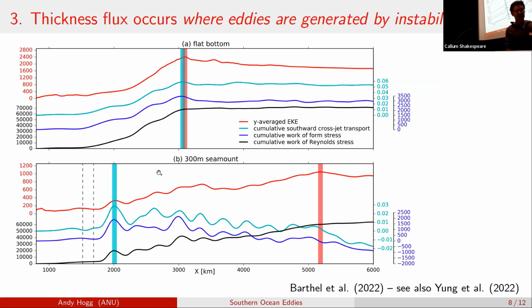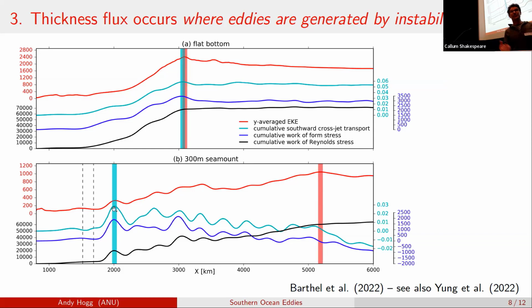There's a particular case in which it's really not true, and that is this case here, where you have a lot of southwards flux. This is another case where we have a jet, and this jet is flowing from left to right on your screen, and it's going unstable, and then the eddies are growing very slowly, and the peak in the eddy kinetic energy is out here, but actually most of the southward flux happens before then.